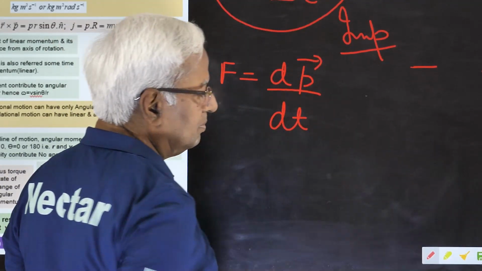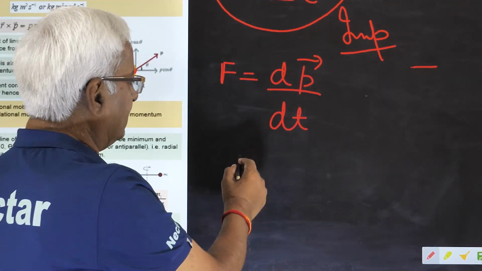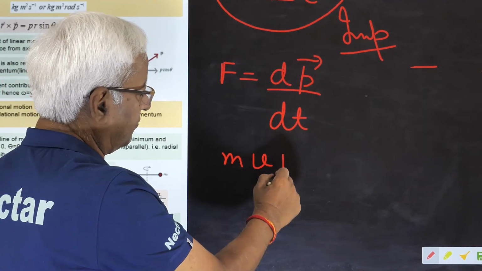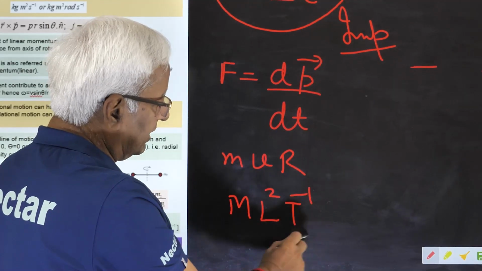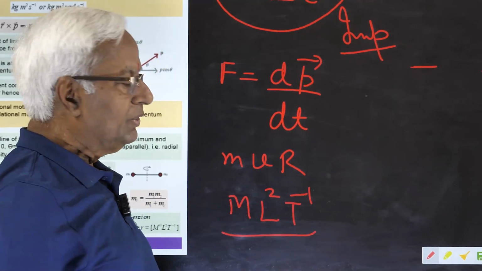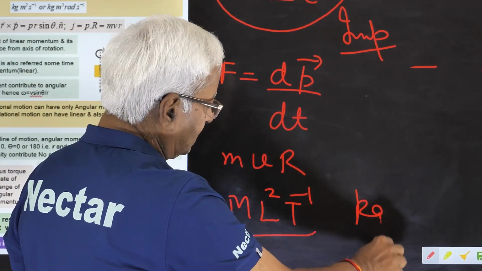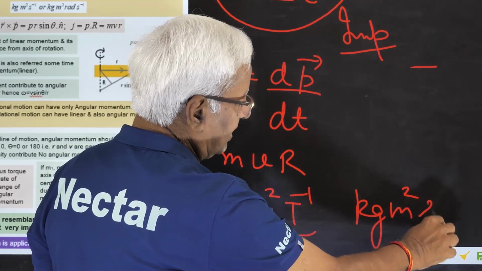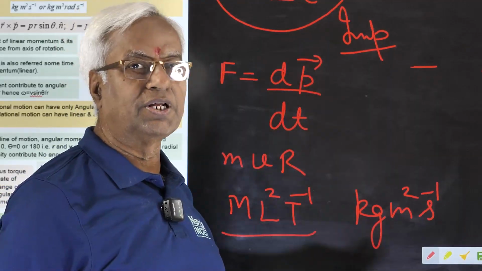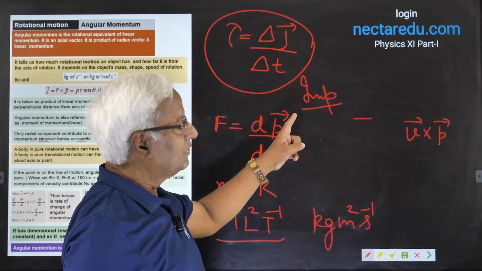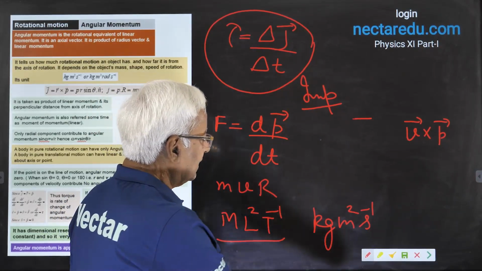Regarding angular momentum, if you find the dimension from this relation, you'll find M L squared T to the power minus 1. This will contribute to the dimension as kilogram meter square per second. But since this is something to do with rotation, angular velocity is there.